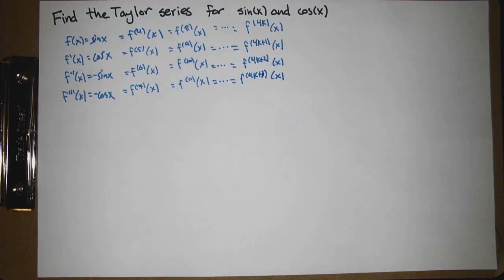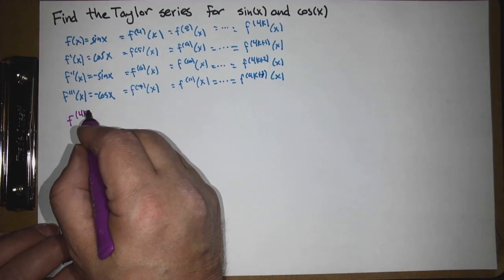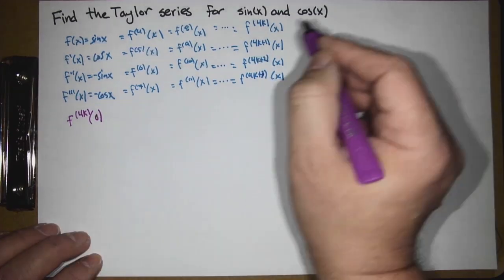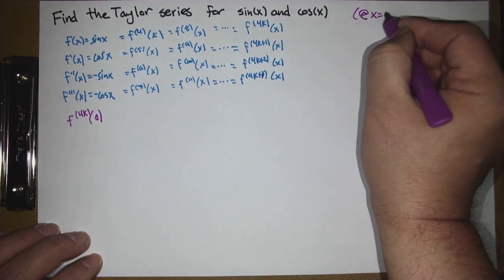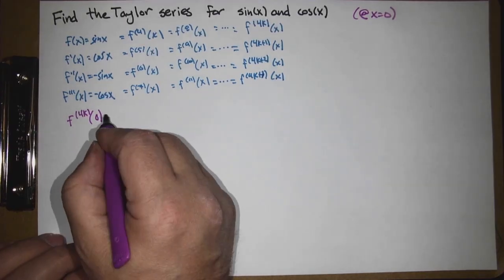So the derivatives follow a nice pattern. For e to the x, a really simple pattern, it just repeats every time. Sine takes 4 steps, but then we start repeating. So let's evaluate at 0. If I look at the 4kth derivative at 0, that says you plug 0 into sine. Sine of 0 is 0.